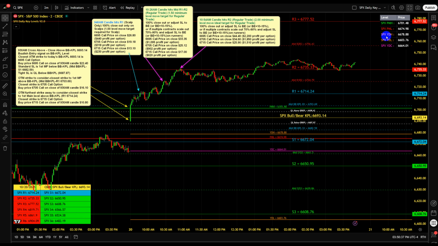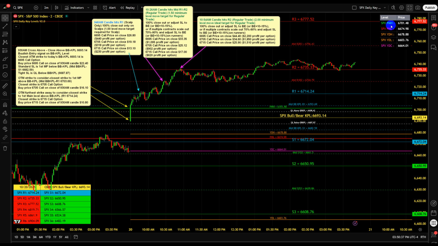Okay, so the levels over here, this represents the CBOE SPX pre-market high. So even though SPX CBOE does not trade in the pre-market, this indicator is able to give you what the pre-market high is based on its analysis of ES futures.